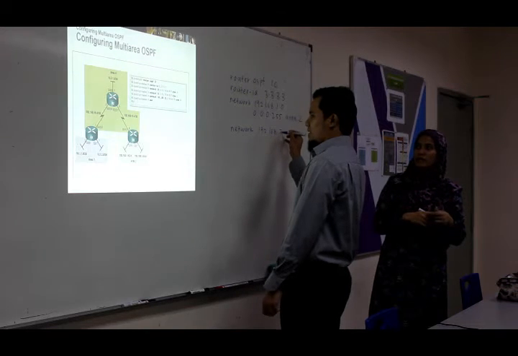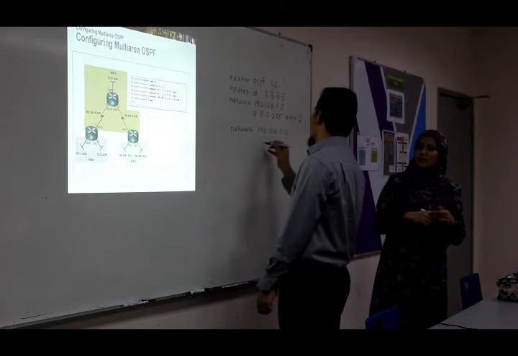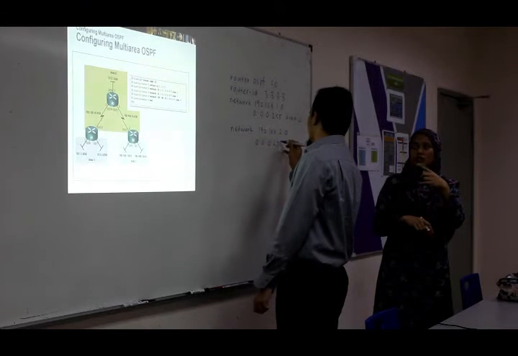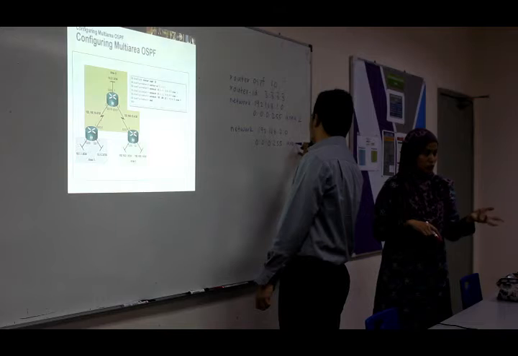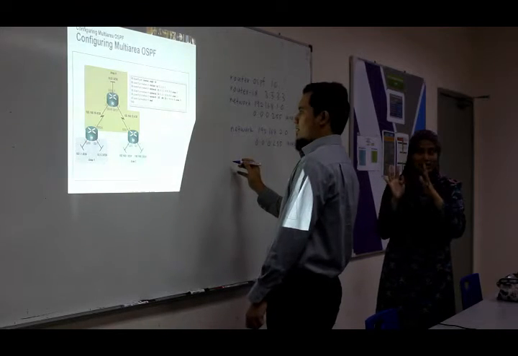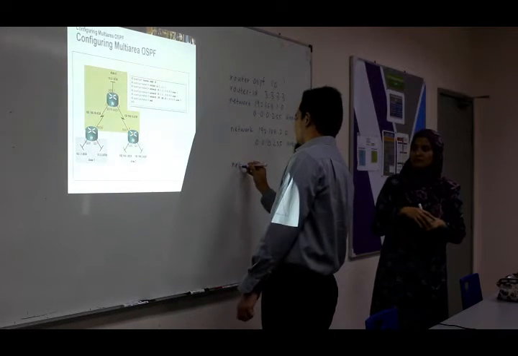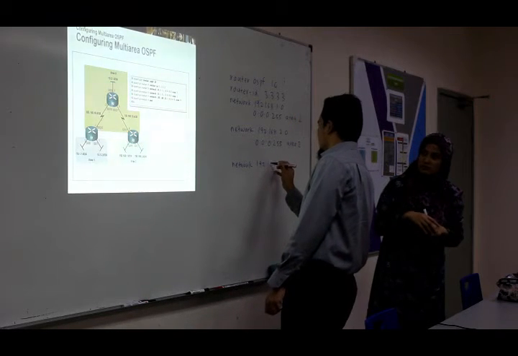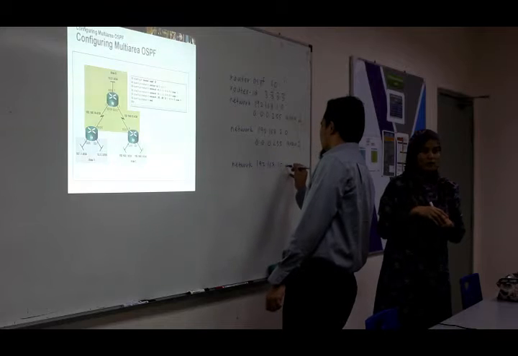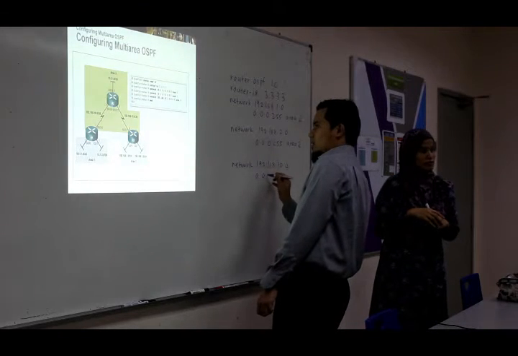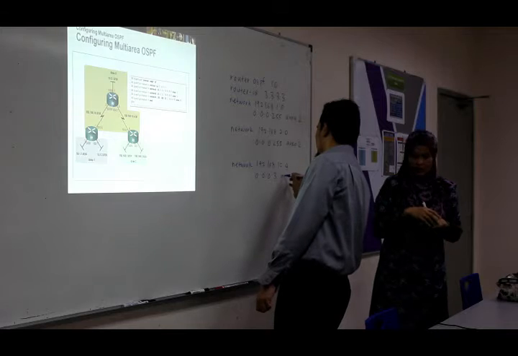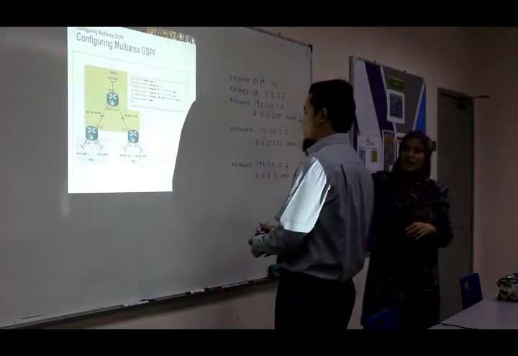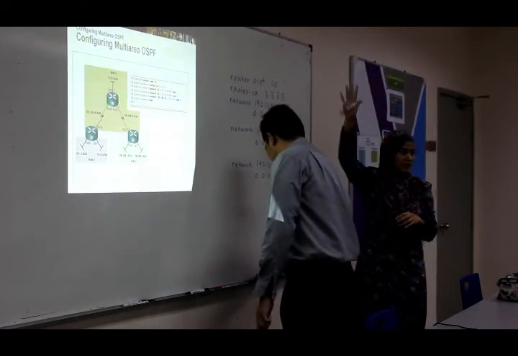The second one will be 192.168.2.0, wildcard 0.0.0.255, area 2, because it belongs to that area. The last one, 10.0.0.0, area 0. Area 0, right? Because the other one belongs to the backbone area.